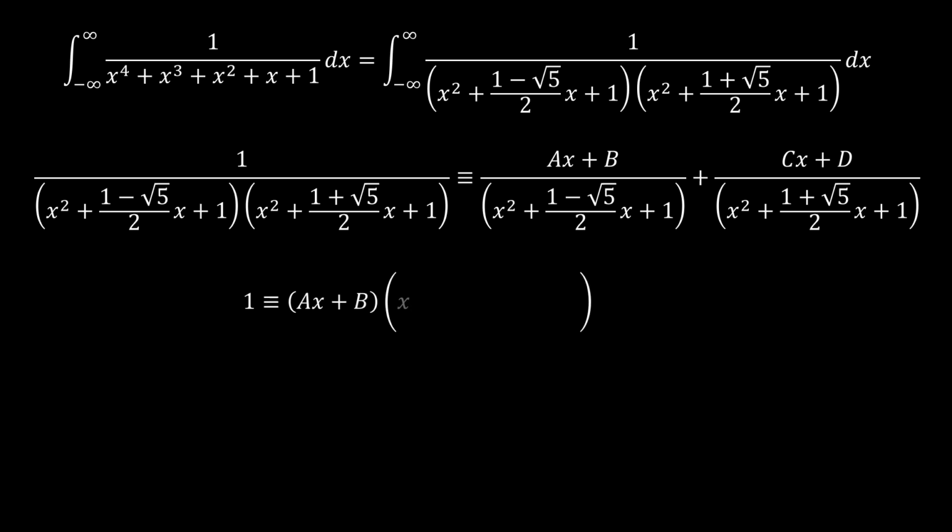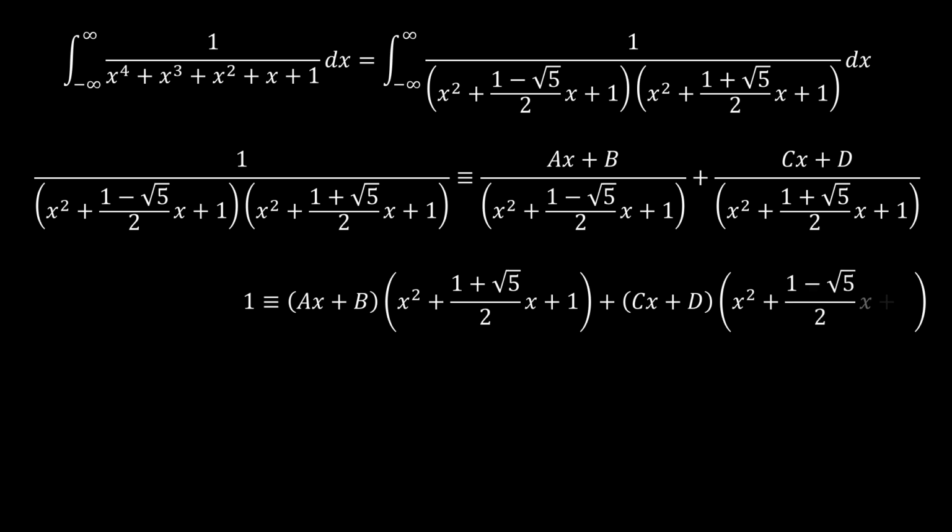we get on the left hand side 1, and on the right hand side we get A x plus B times x squared plus 1 plus root 5 over 2 x plus 1, plus C x plus D times x squared plus 1 minus root 5 over 2 x plus 1. And then we continue expanding the product on the right hand side and collecting like terms together.